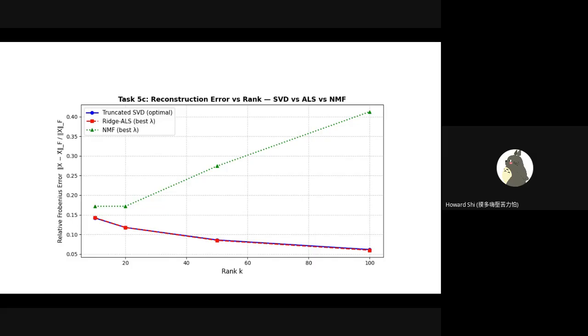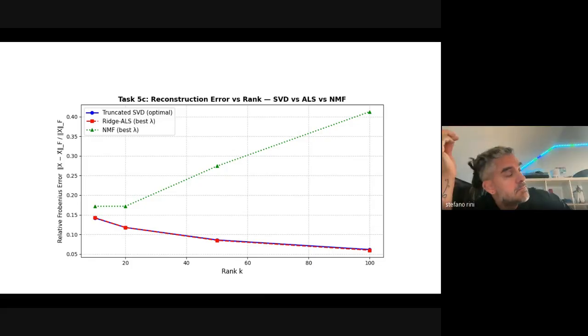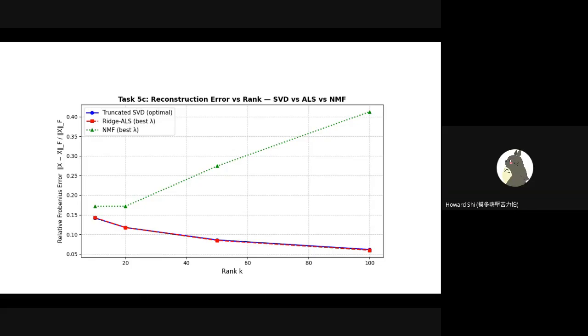When lambda is small, ALS essentially converges to the same solution as SVD. SVD is theoretically optimal, but ALS, with a well-chosen lambda, achieves nearly identical reconstruction error. The trade-off is that SVD has no interpretable part-based structure, while ALS can produce more meaningful basis images. Okay, next page.